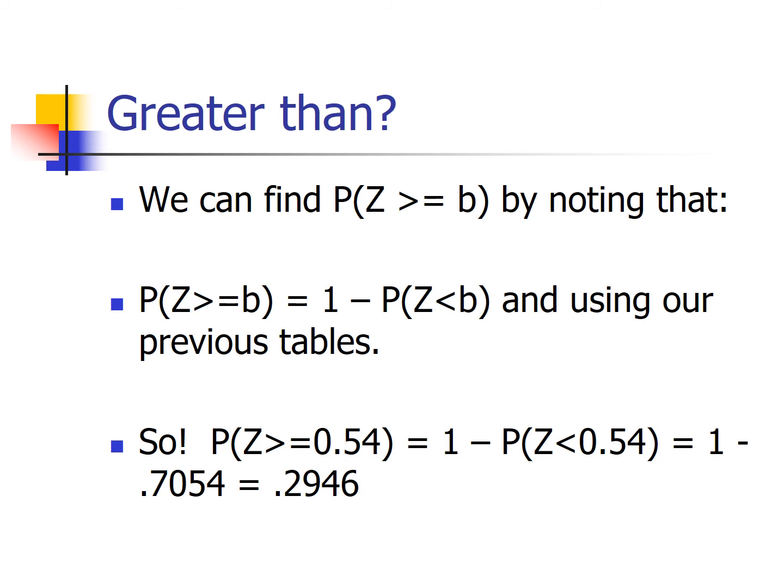Does that make sense? We can see it a few different ways, and again, it's a nice conceptual check. That second bullet point, we can algebraically rearrange it, can't we? It basically says the probability z is greater than or equal to b plus the probability z is less than b equals 1. That makes sense, right?